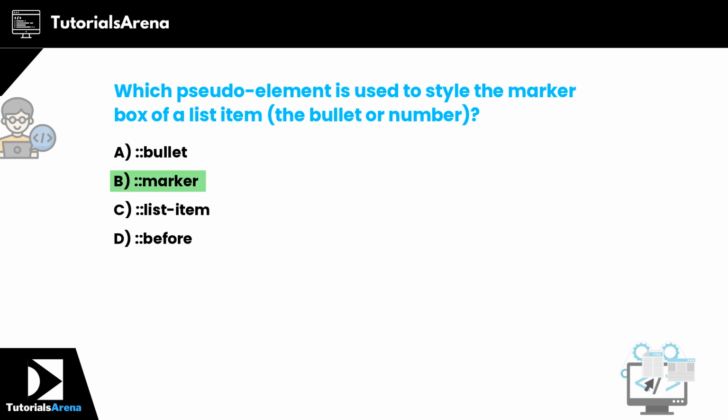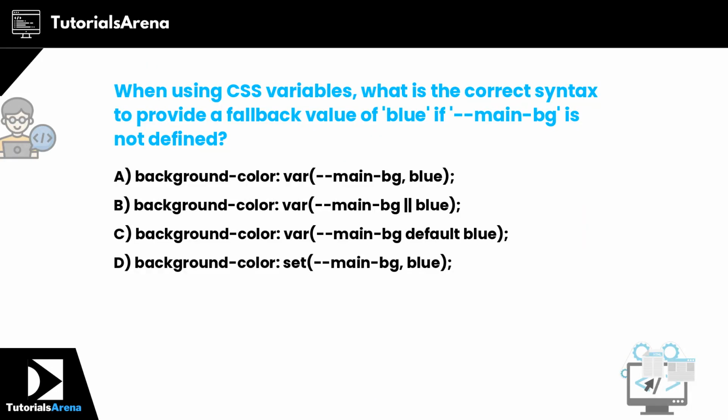The correct answer is option B, ::marker. When using CSS variables, what is the correct syntax to provide a fallback value of blue if --main-bg is not defined? The correct answer is option A, background-color: var(--main-bg, blue).